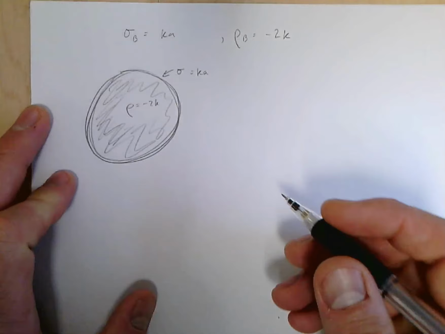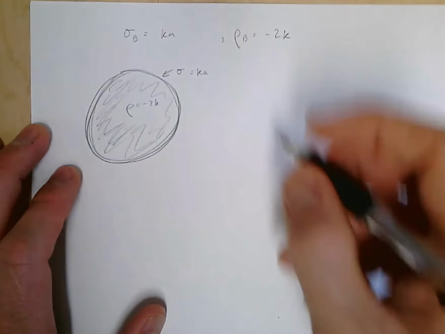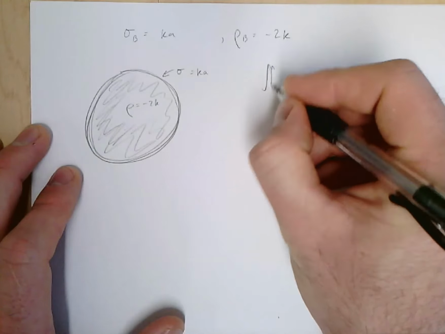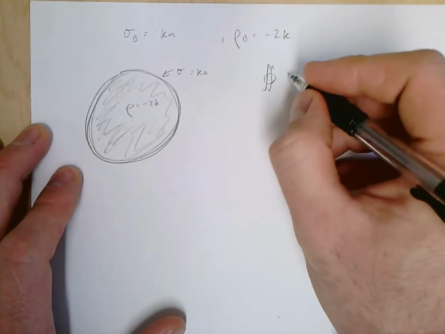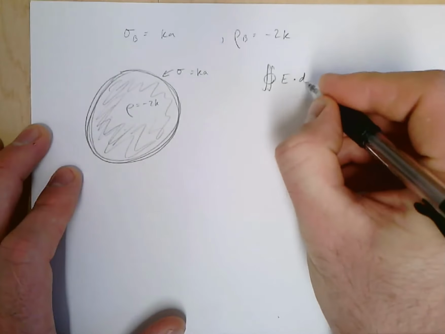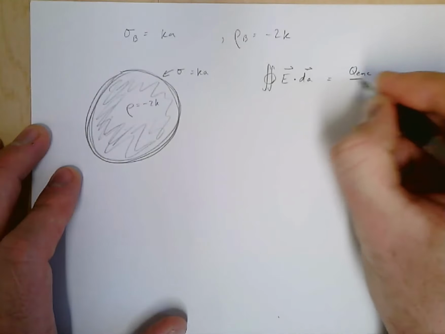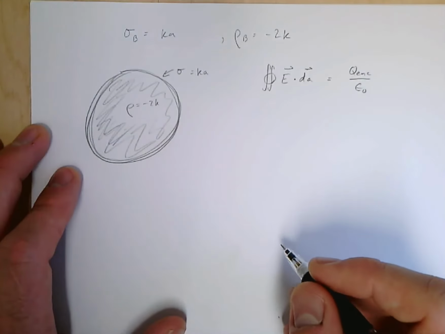So how can we approach this thing? Well, we know about Gauss's law. Gauss's law tells us that the surface integral over a closed surface of E dot dA equals the charge enclosed over epsilon naught. We know how that works.